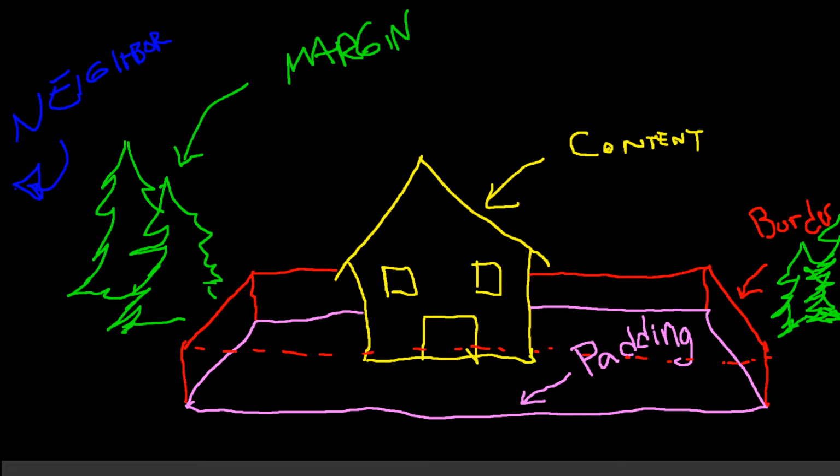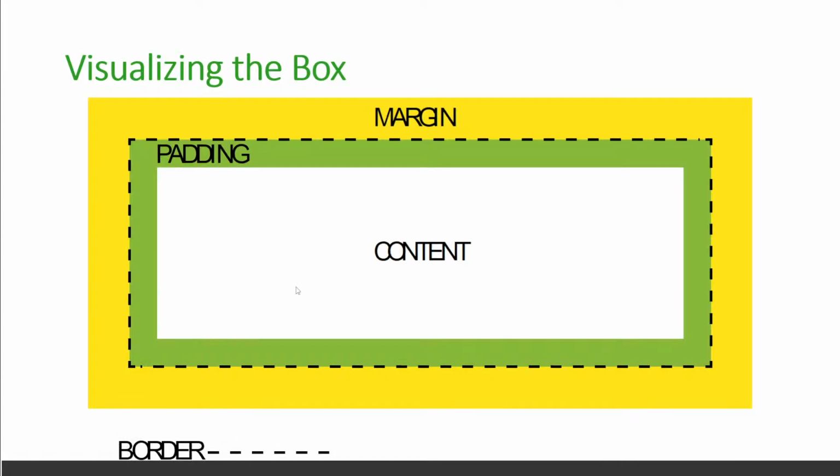That margin gives your property some buffer zone to your neighbor's property. That sort of thing, right? So that's how I like to explain this visualization of the box model. It gives us a different idea of how all that works.